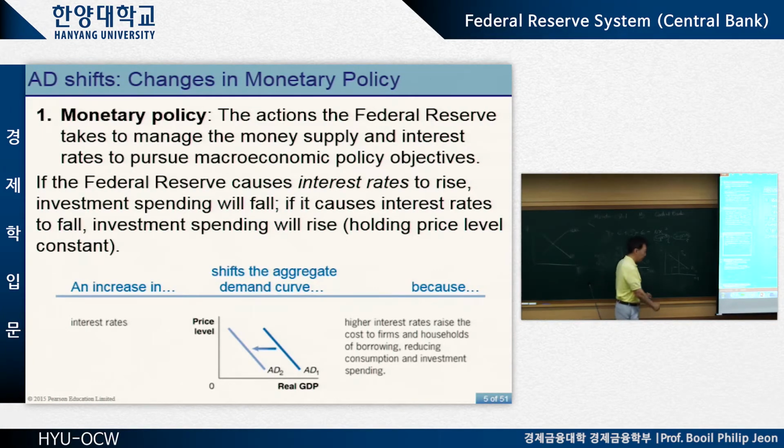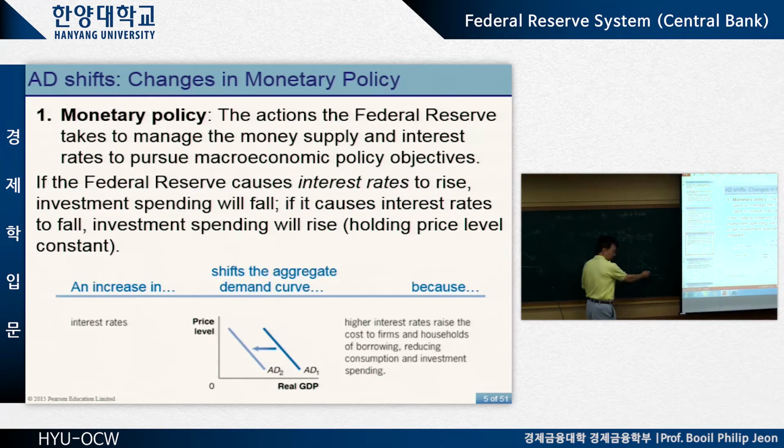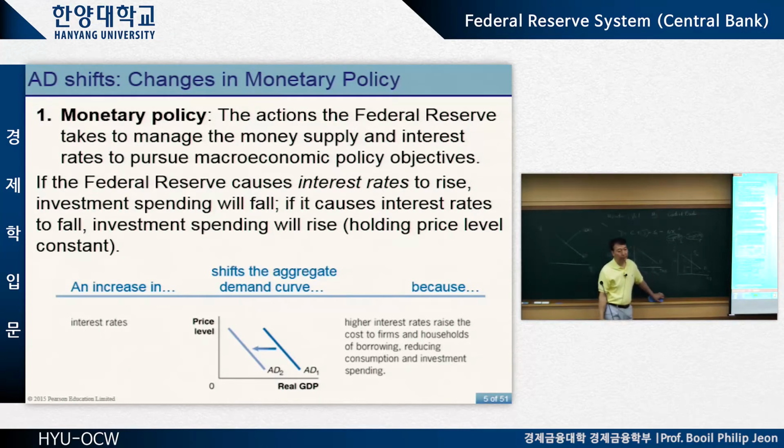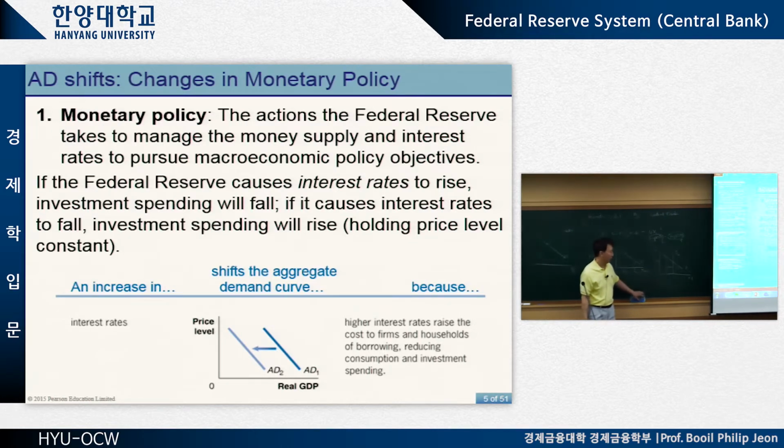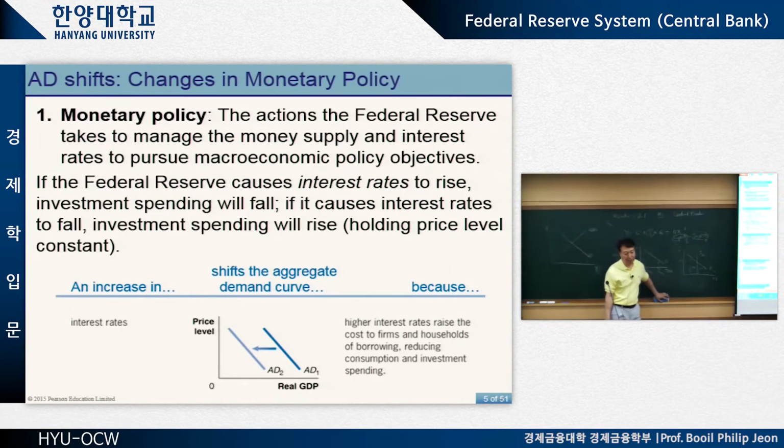If they increase the money supply, what happens? What's the consequence of larger money supply? What do you see? If the money supply is increased, what's going to happen in the money market?